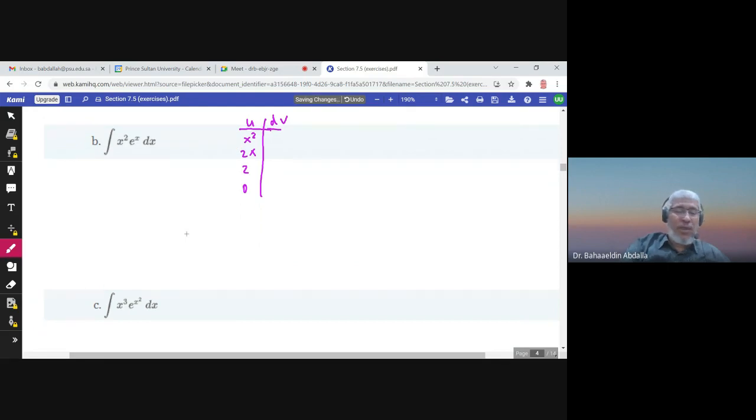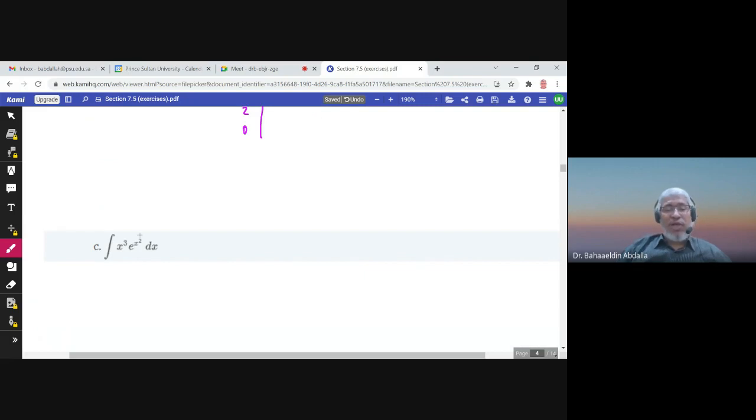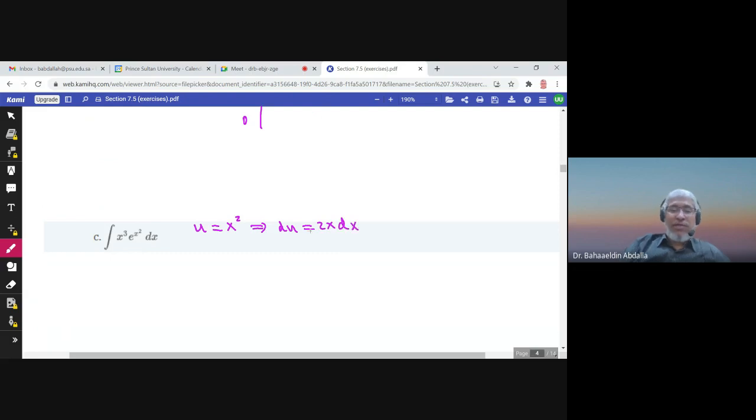Here I have x cubed times e to the power x squared, and I have a problem with x squared in the power of e. What can I do with this x squared? Because the derivative of x squared is 2x, and I have more than what I need outside. Anyway, I'll start by taking u as x squared and see what happens. du would be 2x dx.